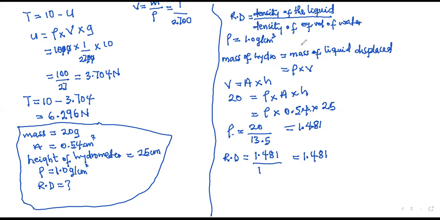Take the density of brine to be equal to 1,200 kilogram per cubic meter, and take the density of metal to be 9,000 kilogram per cubic meter.